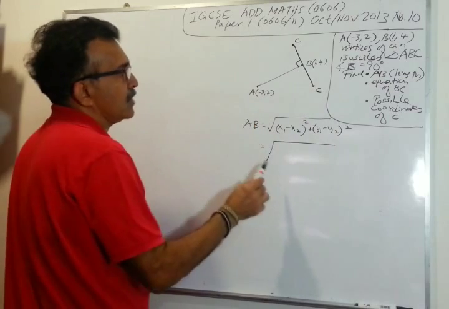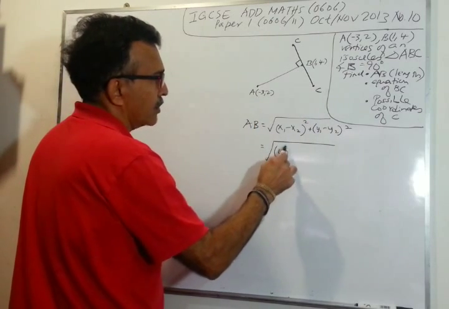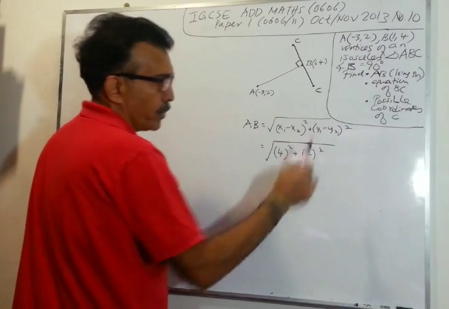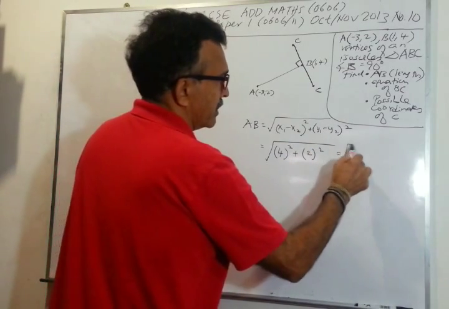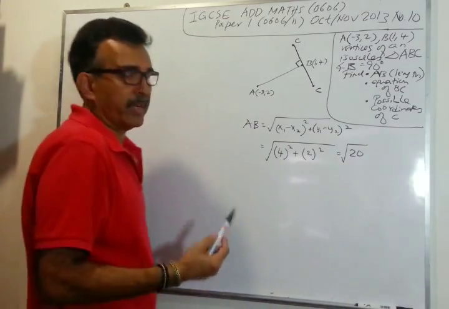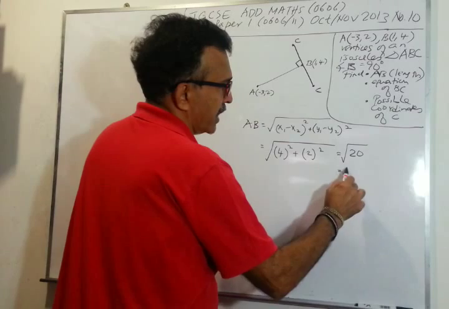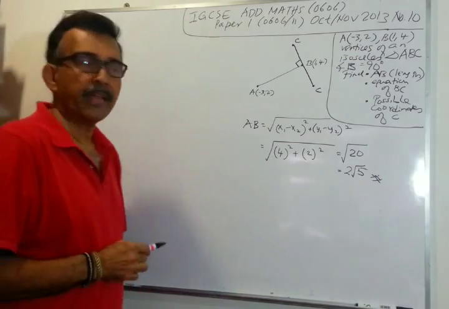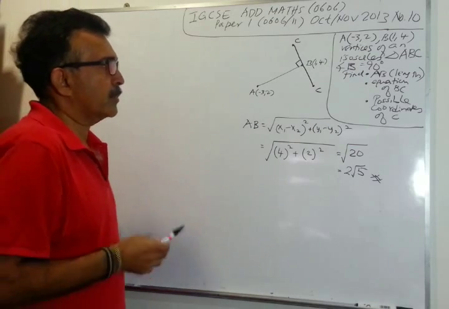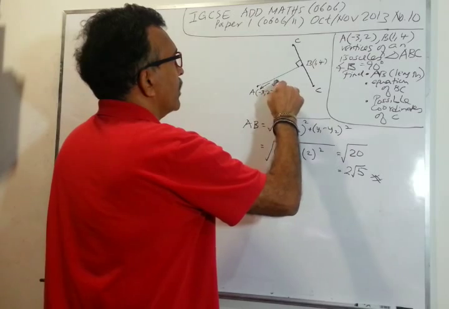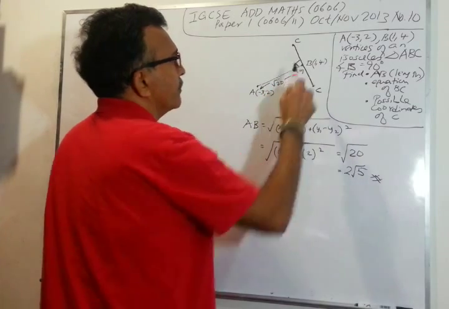So I have 1 minus -3, which is 4 squared, plus 4 minus 2, which is 2 squared, and this will be 16 plus 4, 20. We are done. If you like, you can write this as 2 root 5, and that's it. So that's the first part of the problem. Let's keep that here: square root of 20.